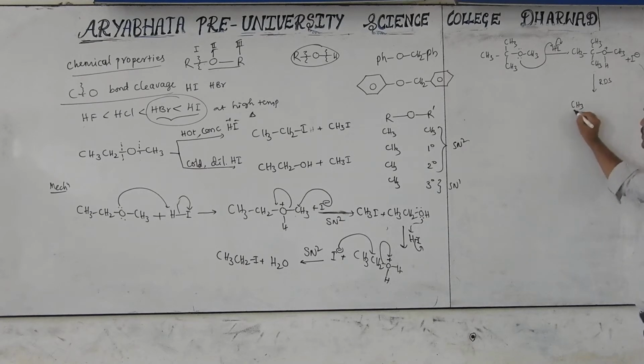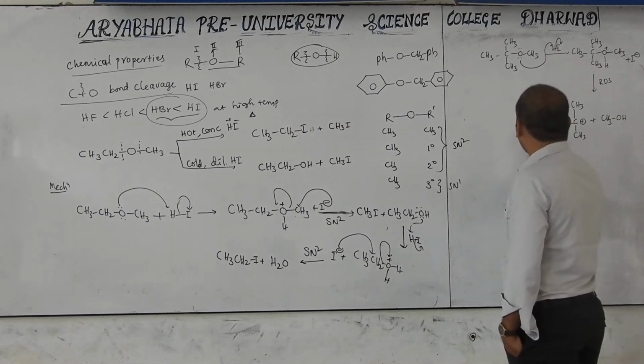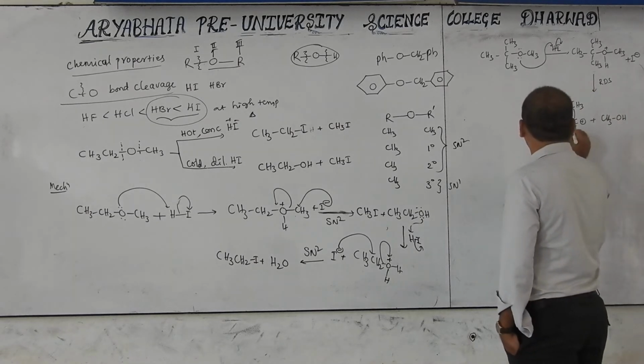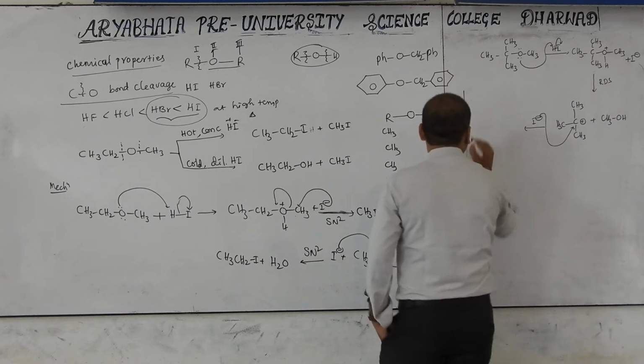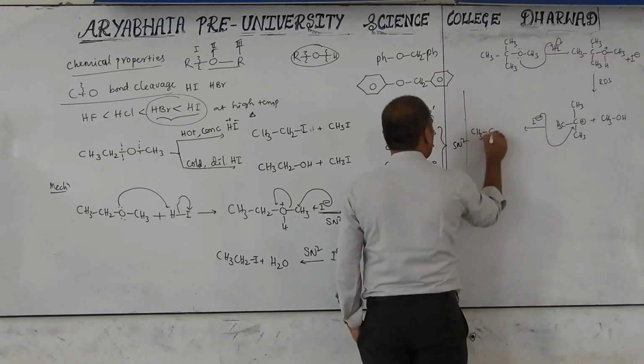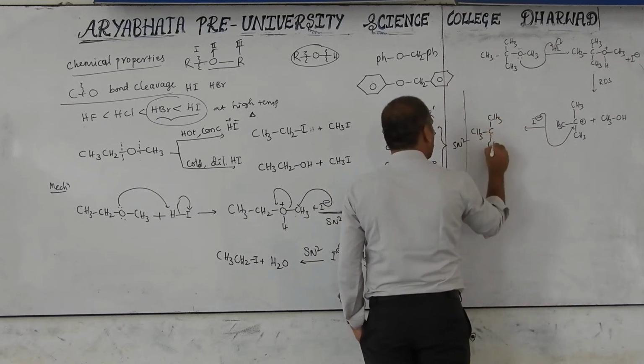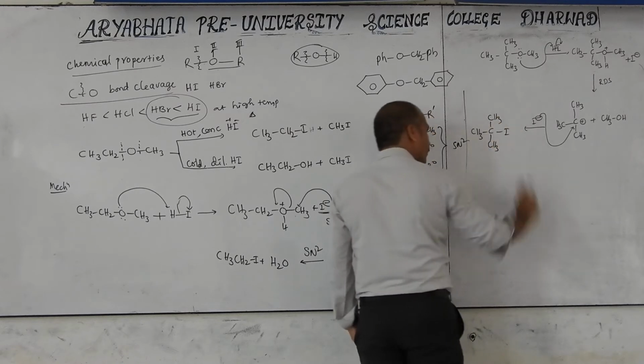Then here CH3, CH3, CH3 plus and CH3OH. Now this I minus will attack on this one. Then we will get CH3, CH3, CH3I.